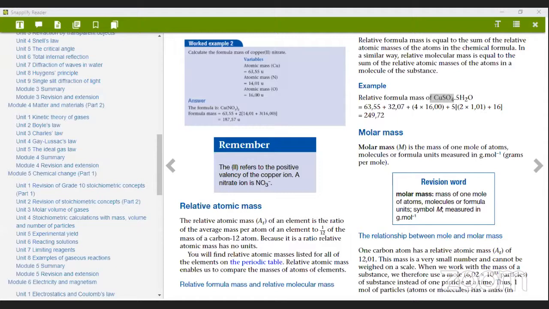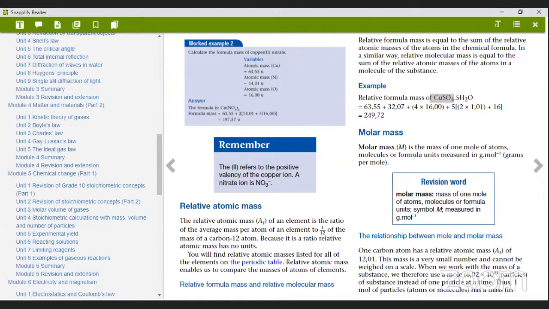I'm just trying to show you guys where you find the relative mass of an element. Okay, you know what? We'll get back to it. For now, let me just continue. We'll check it as we go.